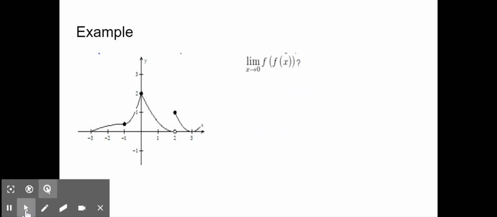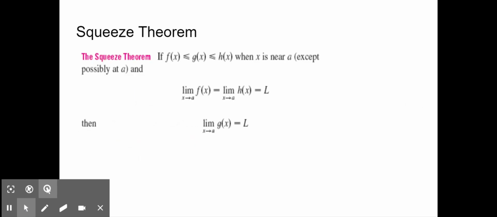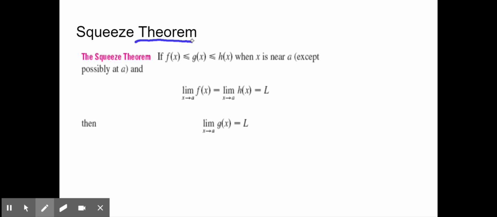Okay, so now let's go on, and we are going to talk about our first theorem in this course called the squeeze theorem. Okay, so you can read it here. It says if f is less than or equal to g, which is less than or equal to h, so I have three functions where x is near a, except possibly at a. And I also know a couple other things.